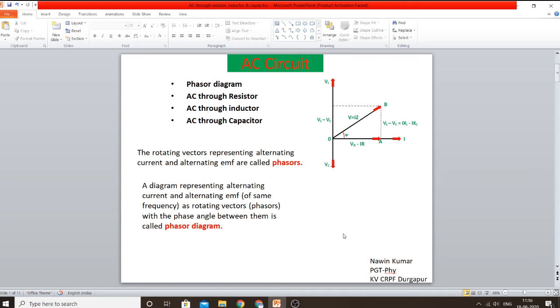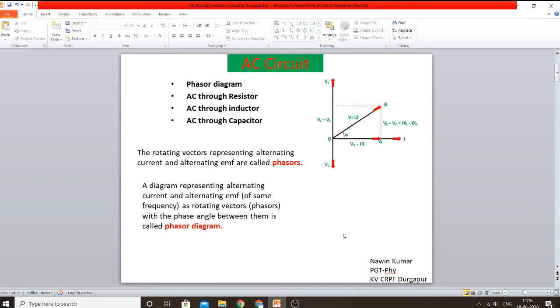Now another kind of quantity we are introducing now. Those are the phasors, means rotating vectors representing alternating current and voltage are called phasors.